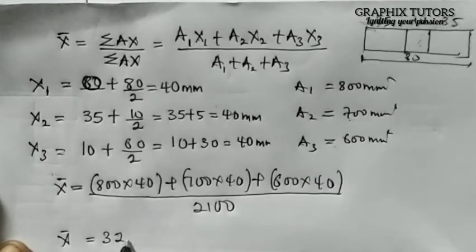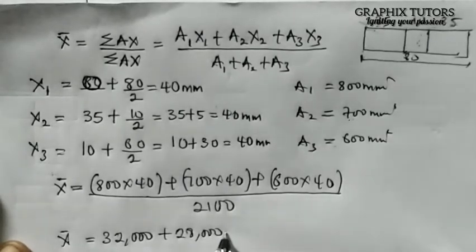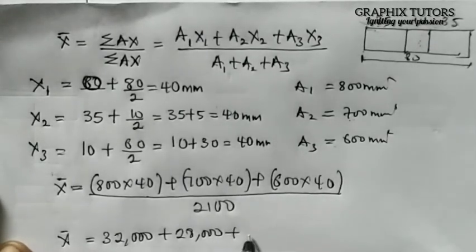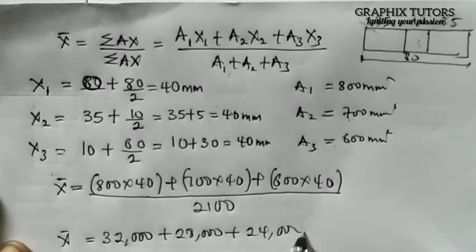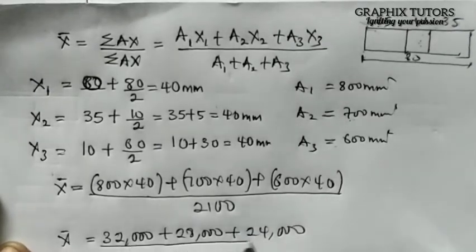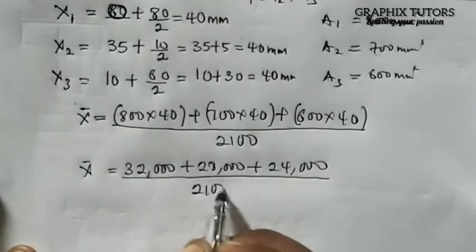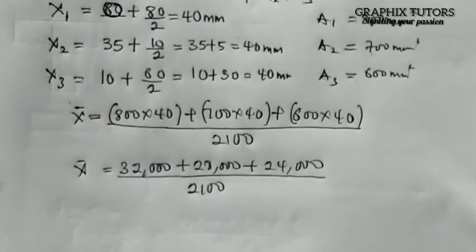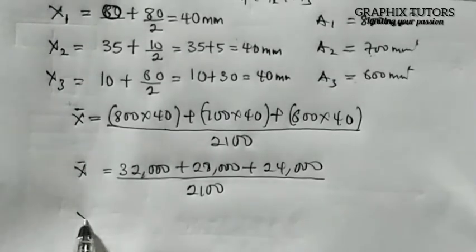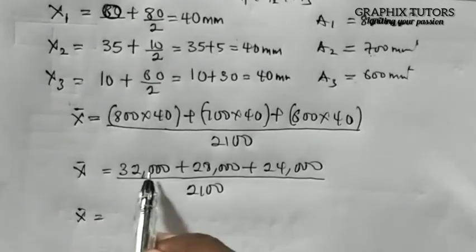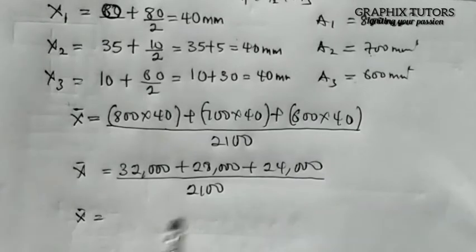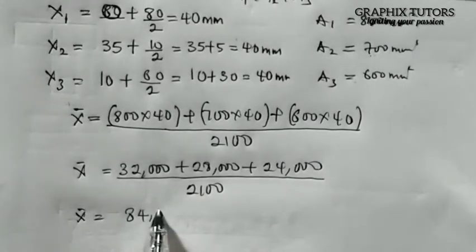So my x bar will now give me 32,000 plus 28,000 plus 24,000, everything over 2,100. 32,000 plus 28,000 plus 24,000 gives me 84,000, right?